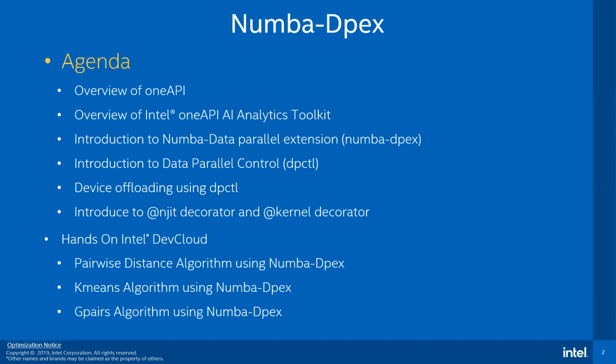We'll see how we can offload to a device using Dpctl. We'll go through some of the decorators that we use in this course, called the njit decorator and the kernel decorator for parallel programming. And we'll try to do some hands-on either on the Intel Dev Cloud or the JLSE platform, if time permits, right?